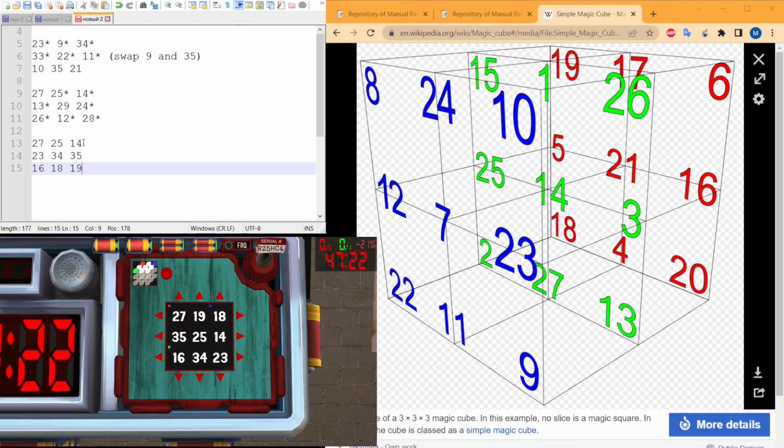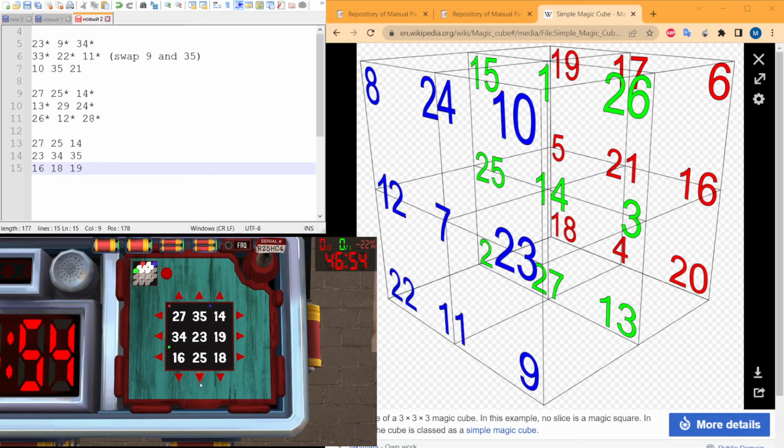Okay, now let's make the top row again. 27, 25, 14, and on the left we have 23 and 16, like that. So they're still unshuffled. Okay. Let's try grabbing 35 by top row.